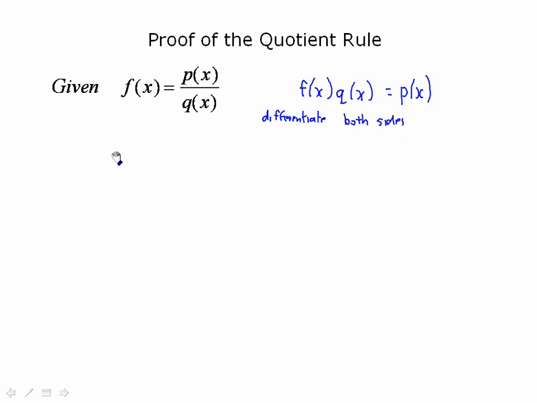So that would mean, using the product rule, which we have already, and it has been established that it's correct, that would be equal to f prime of x times q of x plus f of x multiplied by q prime of x. And then that's equal to p prime of x.